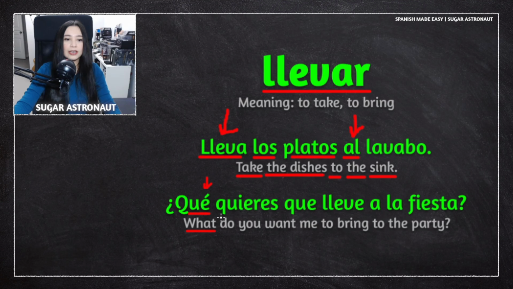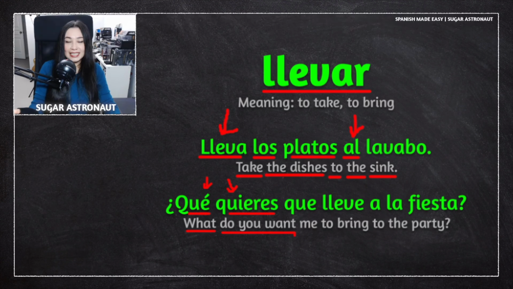Specifically on the letter E. ¿Qué quieres? Quieres comes from the verb querer, and that means to want. So, ¿qué quieres? means what do you want? You can say that by itself.